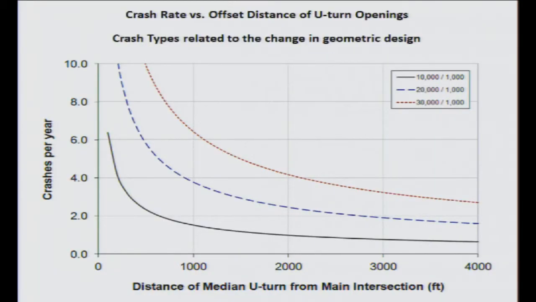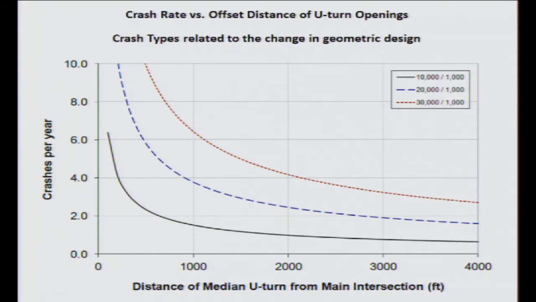Based on all those crash data, we did some very quick regression, and these are the results we came up with. For example, if your minor road ADT is 1,000 vehicles per day and your major road is 10,000 vehicles per day, then depending on how far away you put the U-turn opening, that's the expected annual number of fatal injury crashes you can expect.